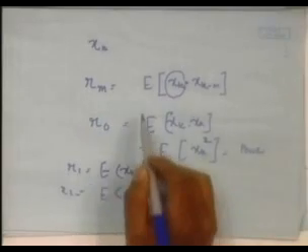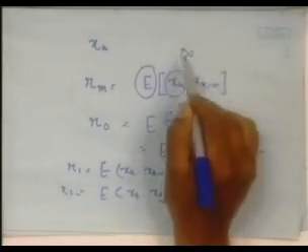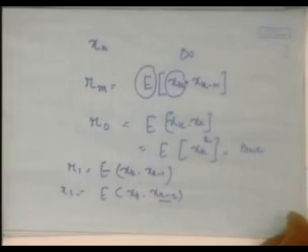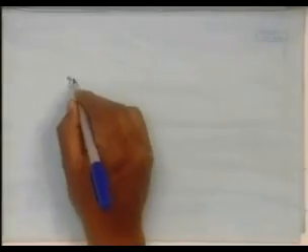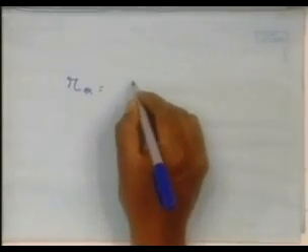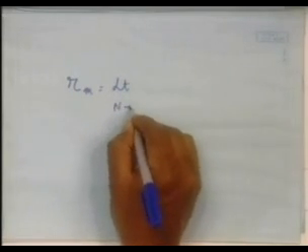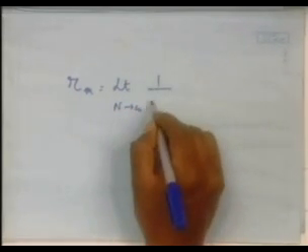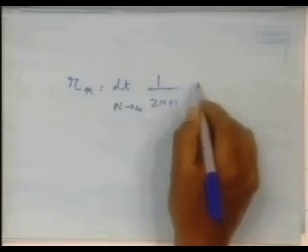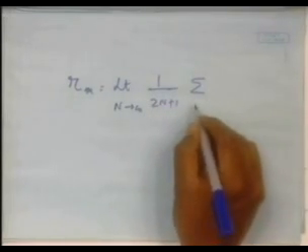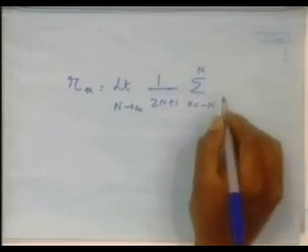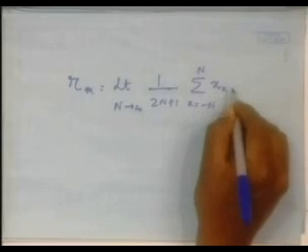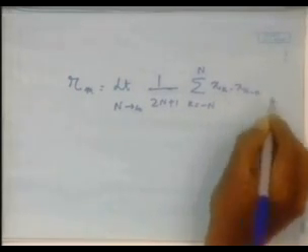To find the expected value, you need an infinite number of signal samples, is it not? There is a difference between mean and expected. Expected means it covers everything. So generally people find Rm is equal to limit n tends to infinity of 1 by twice n plus 1, this is the mean, sigma k varying from minus n to plus n, x of k into x of k minus m.